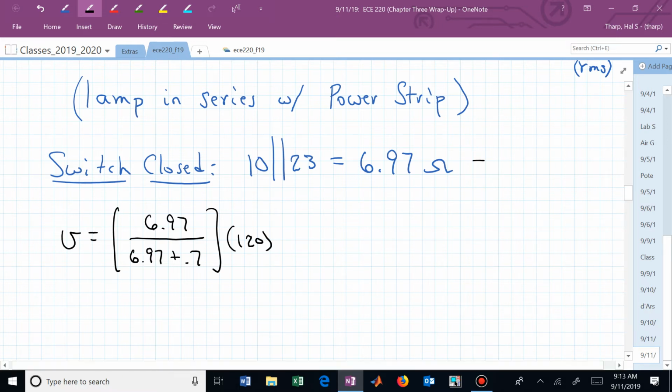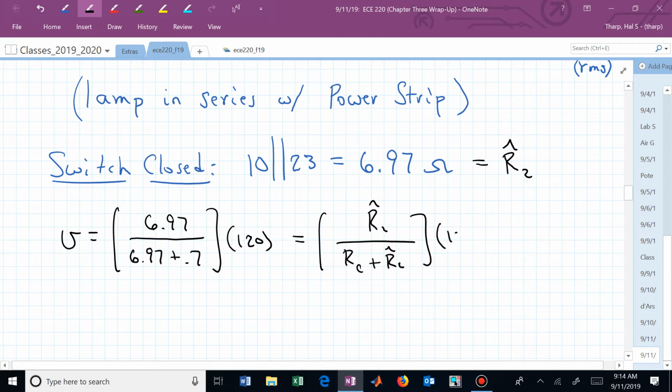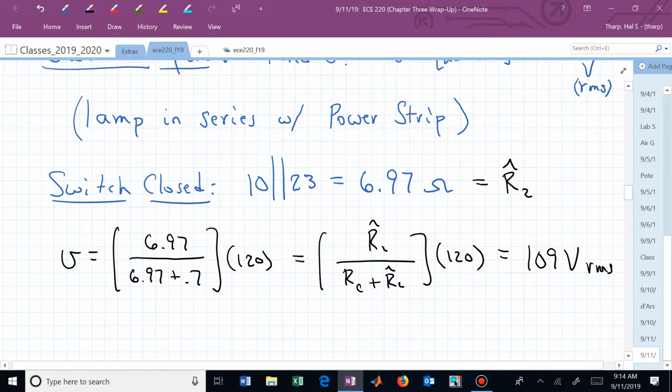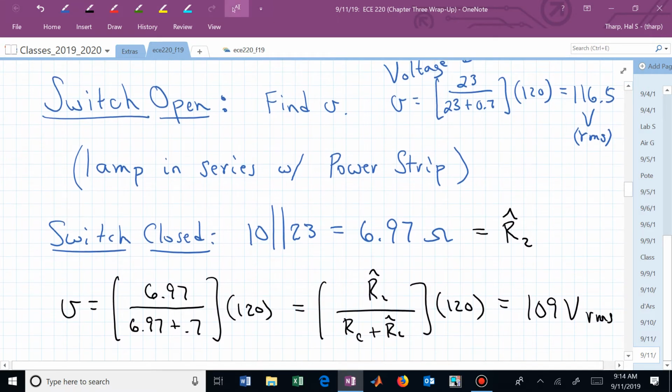That's what this is. This is our R2 hat. And this, we said, is now R2 hat over R of the cable plus R2 hat times our source voltage. And if you multiply all of this out, you end up with 109 volts RMS. And what's happened?